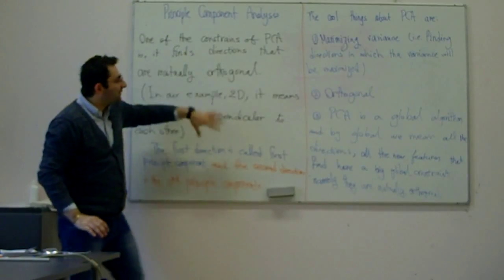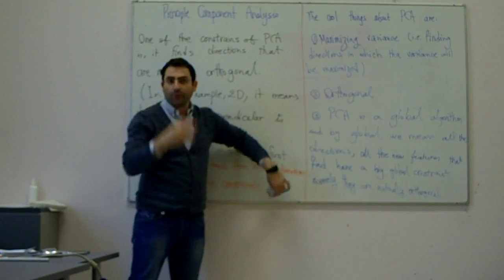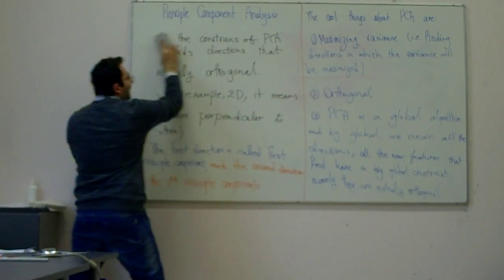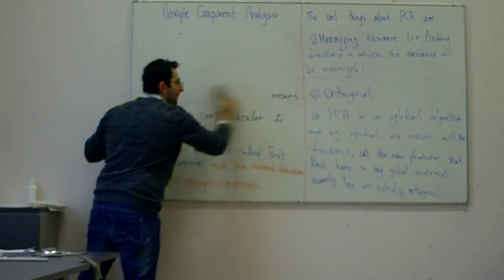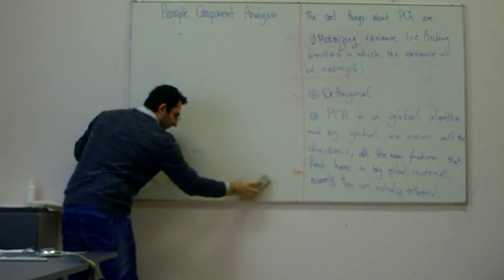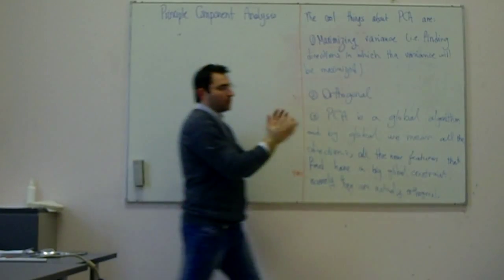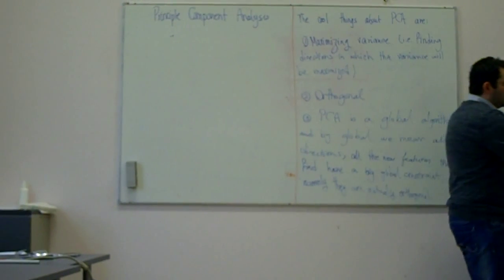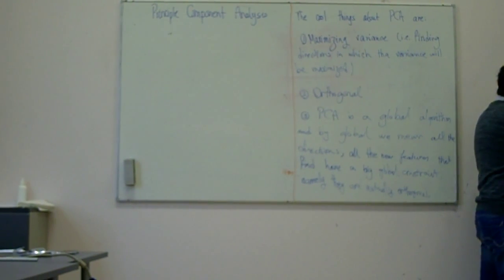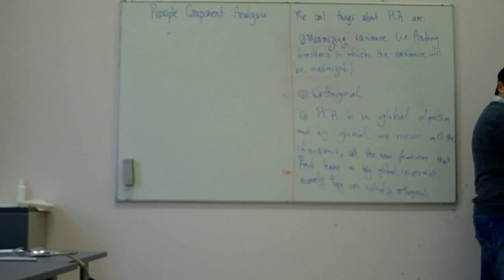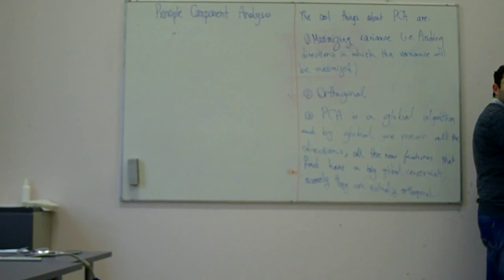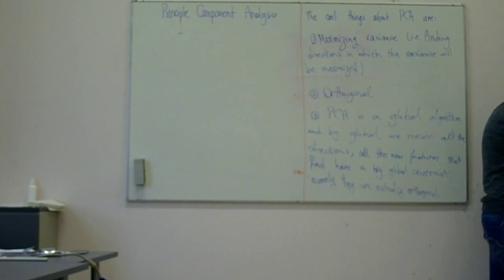Now, as a result of these three, we get the fourth cool property of PCA. In order to write it down, I want you to look at it from this perspective. I have a black point in my black coordinate, right? And I am introducing a new coordinate.